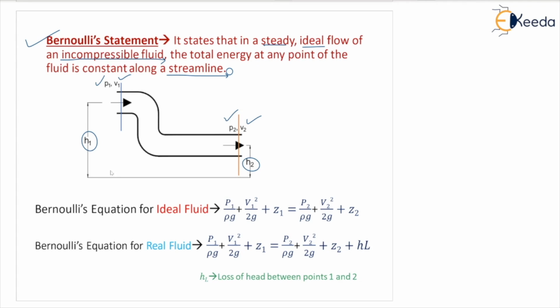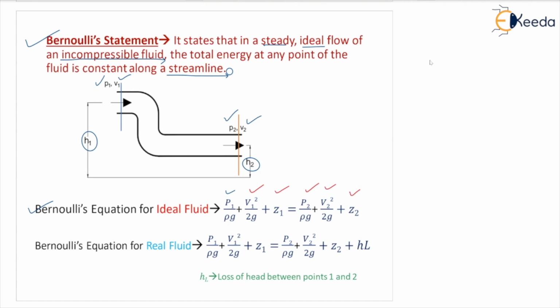So what equation can we write for this problem? Bernoulli's equation for ideal fluid: P1 by rho g plus V1 square by 2g plus Z1 equal to P2 by rho g plus V2 square by 2g plus Z2. How can we write this? Very simple.